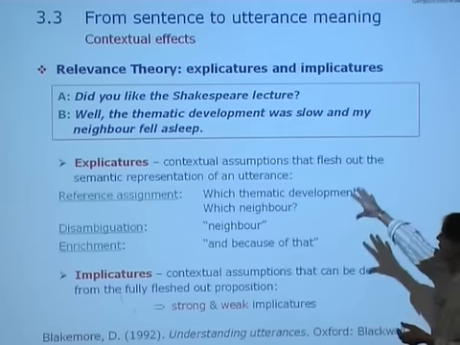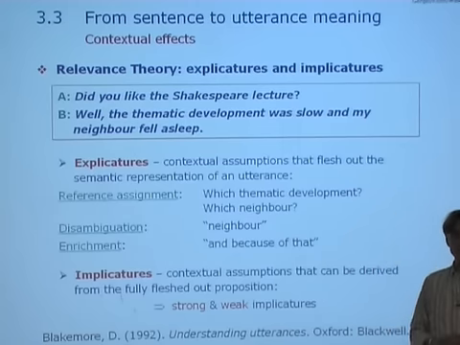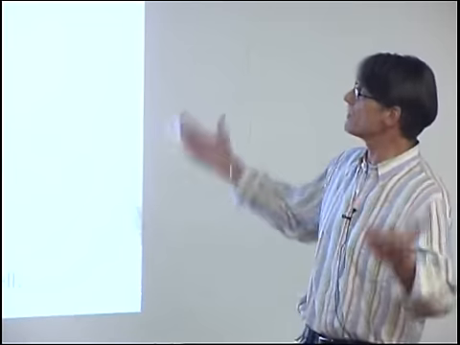Okay, so what is the strongest implicature of this reply? The neighbor fell asleep. No, that's explicit. That's part of the propositional meaning. I didn't like the lecture. Yeah, that's it. The question was, did you like the Shakespeare lecture? On the surface, B doesn't seem to reply to this question. B doesn't even seem to talk about a lecture, but talks about the thematic development being slow and the neighbor falling asleep.